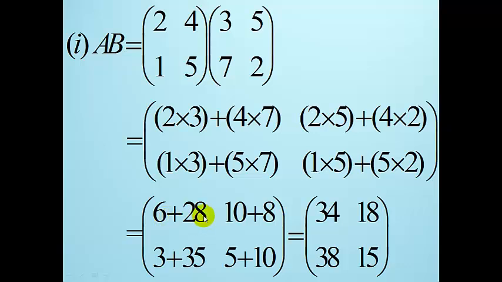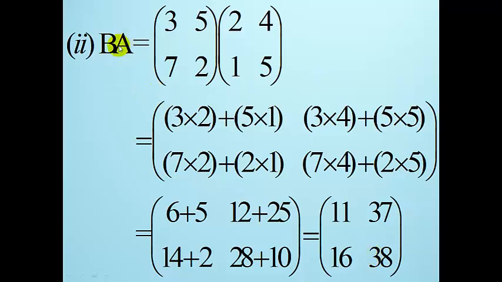Now 6 plus 28 equals 34. 10 plus 8 equals 18. 3 plus 35 equals 38. And 5 plus 10 equals 15. So it means that AB is equal to [34, 18; 38, 15].